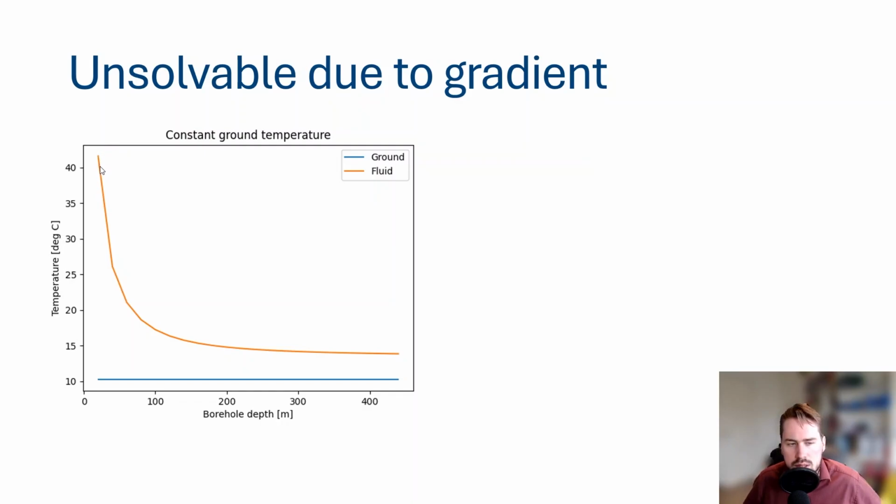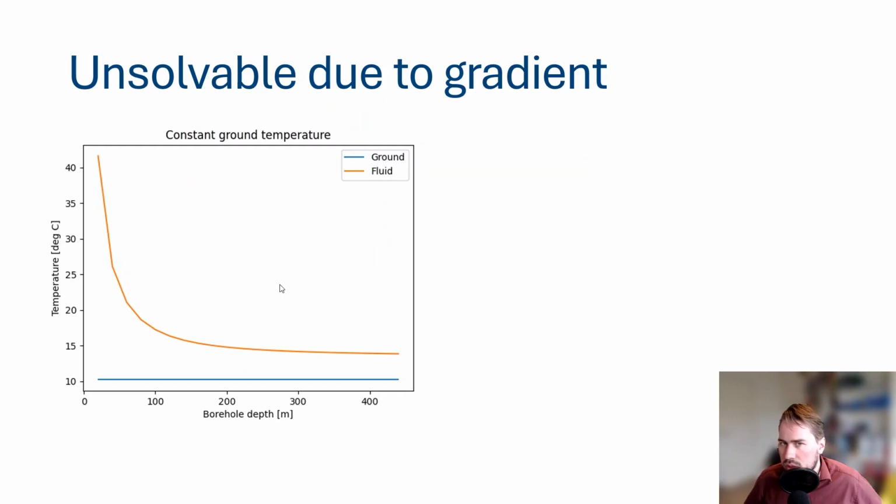But if we increase the borehole depth, this temperature drops off rather quickly due to the fact that we have a lower peak injection power per meter. So this is the case, and you can see that it converges to a constant distance, which, if you recall, is equal to the borehole thermal resistance. So it converges to a constant.